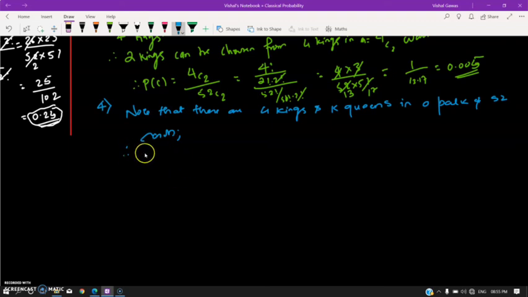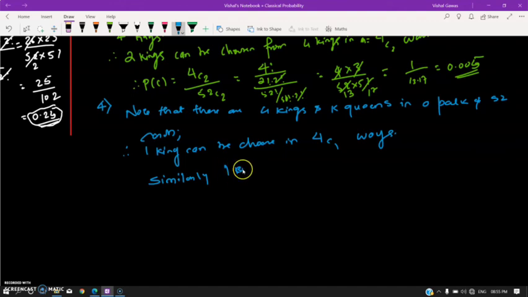Therefore, 1 king can be chosen in 4C1 ways. Similarly, 1 queen can be chosen in 4C1 ways as well.